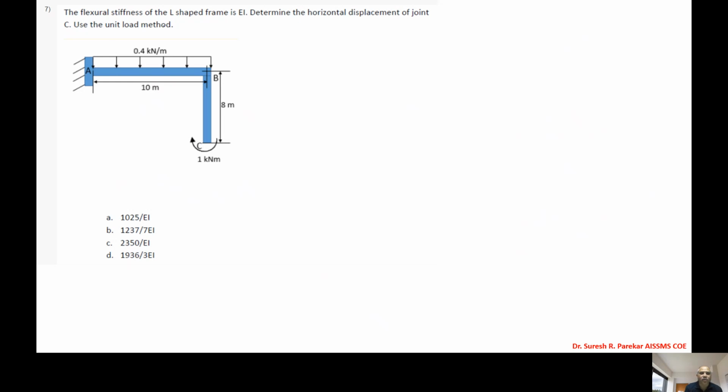So we have to find the horizontal displacement of joint C. So we have to go for the unit load method. Then we have to prepare a region table. Then we have the origin. Now you remember in Castigliano's theorem we had the limit and M, and now here I am saying small m because we are using the unit load method.